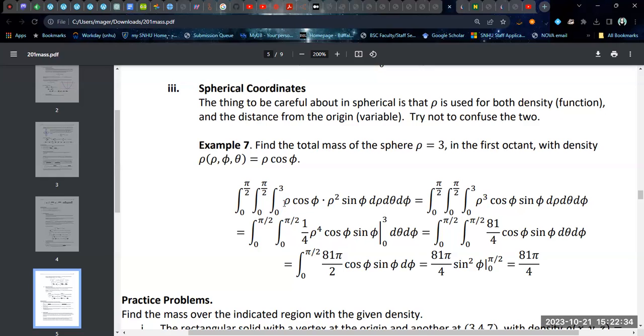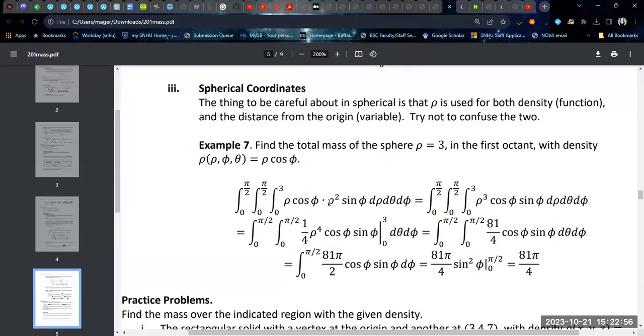Now, the density function goes into our integral, and then our dV, our dz, dy, dx gets translated into spherical coordinates as rho squared sine phi, d rho, d theta, d phi, or d rho, d phi, d theta, whichever order you want to integrate in.